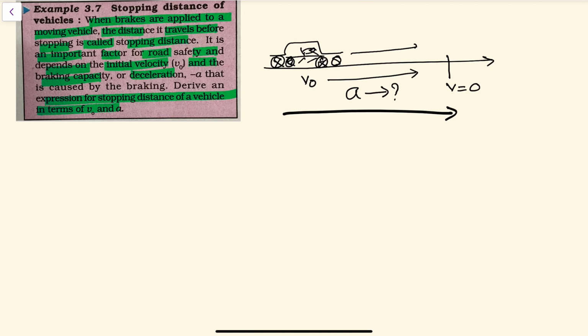So this is how to calculate. Let us say v square minus v0 square is equal to 2a d, or let us say x, no issue, d. What is the final velocity?